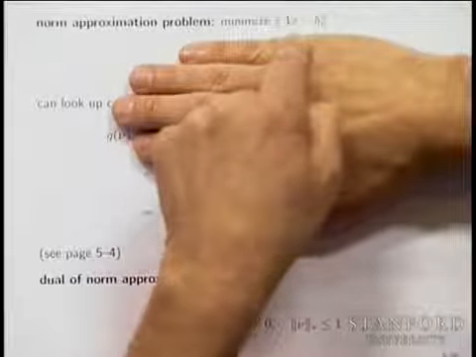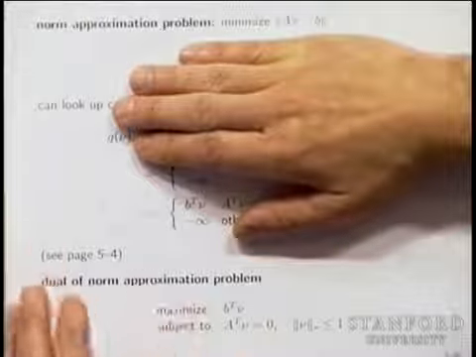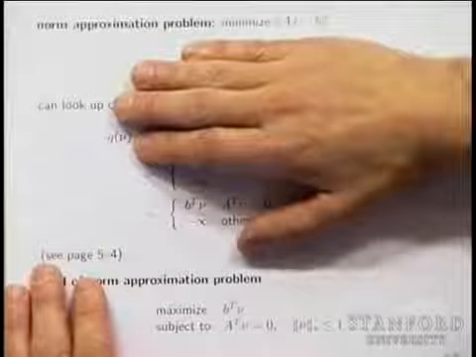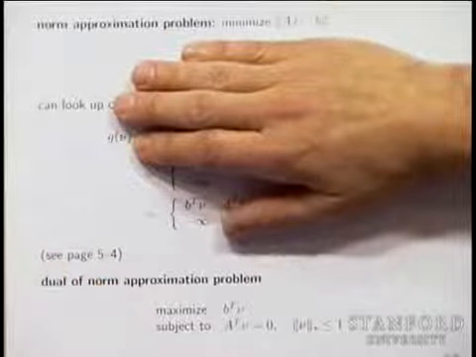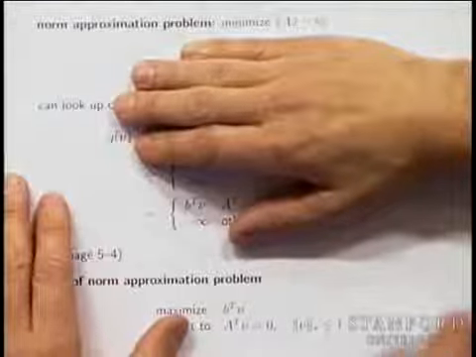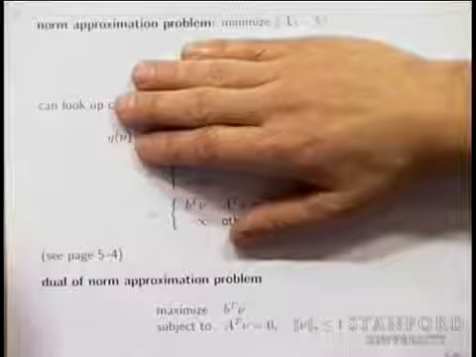That would be if they ask you how you really do it. Because there are actually other reformulations, and you'd get other duals, even for the norm approximation problem. That's why if you look in the literature, you'll see all sorts of different duals. You could look up QP duality and find 4 different duals.